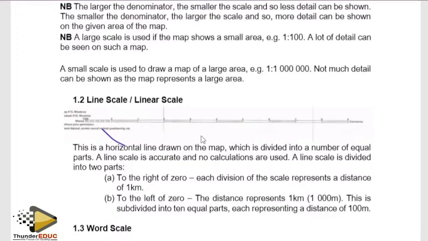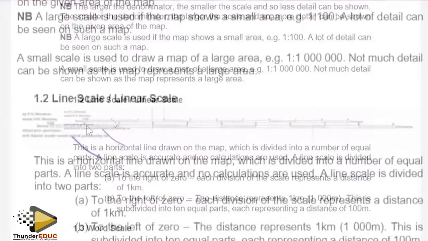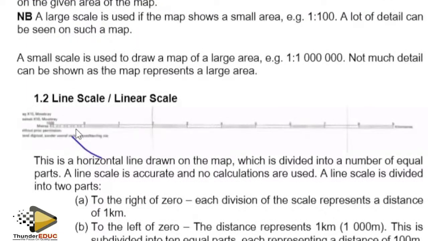So this linear scale has got two sections: the meter section and the kilometer section. What do we need to note? From 0 to 1,000 meters, it's the same as 1 kilometer. But this box here, the meter section, has got 10 small sections.